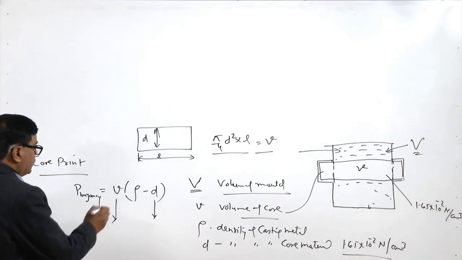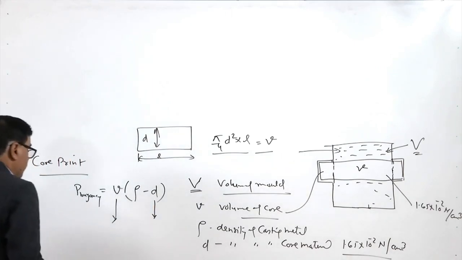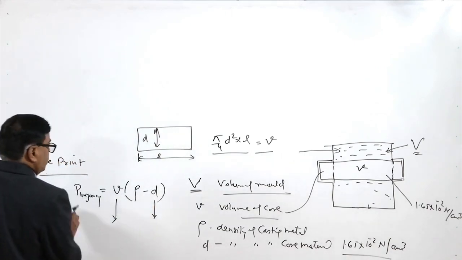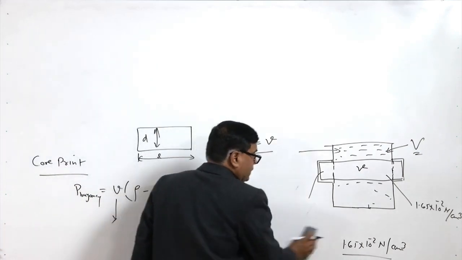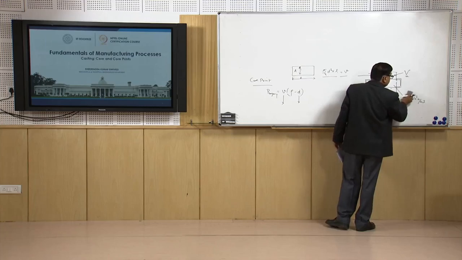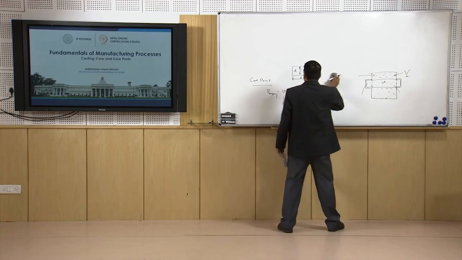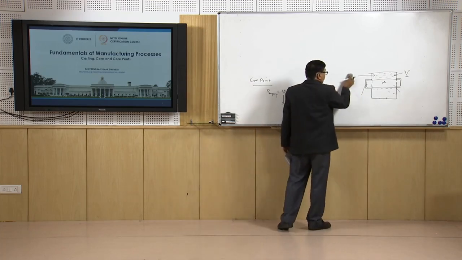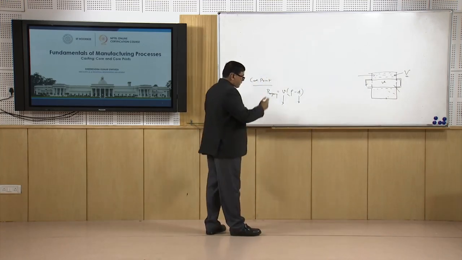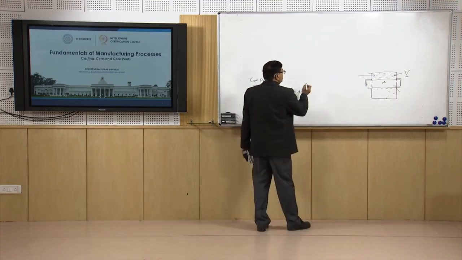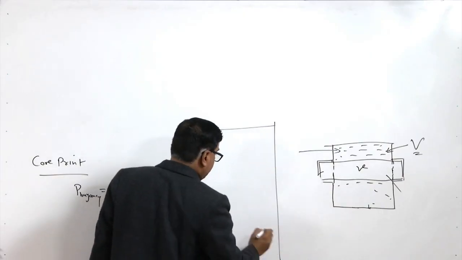Once you know the volume of the core and the density of the core material, to calculate the buoyancy force we just need the density of the casting metal. So, for a given core size and a given core sand material, the density of the casting metal will significantly govern the force which will be acting.